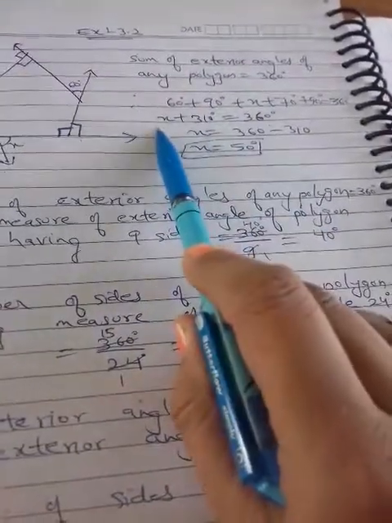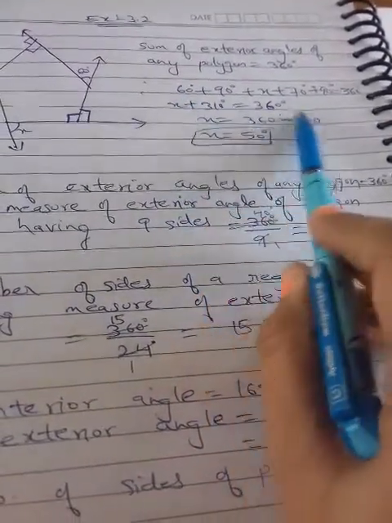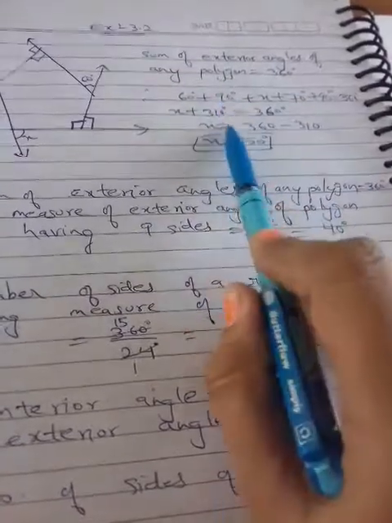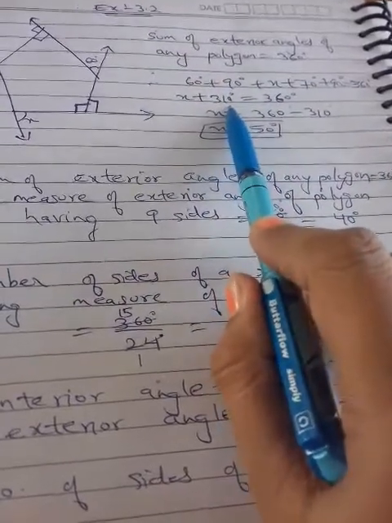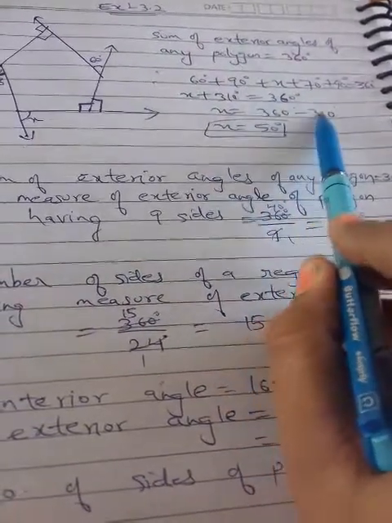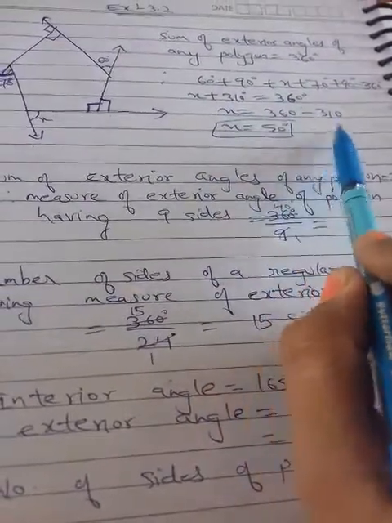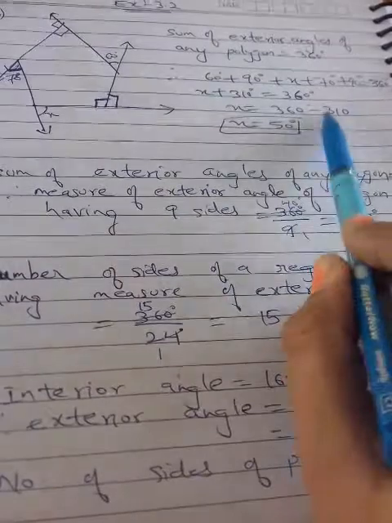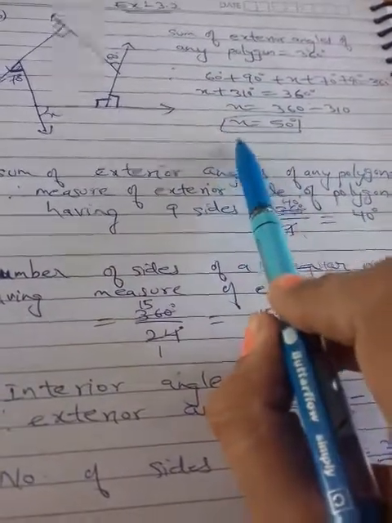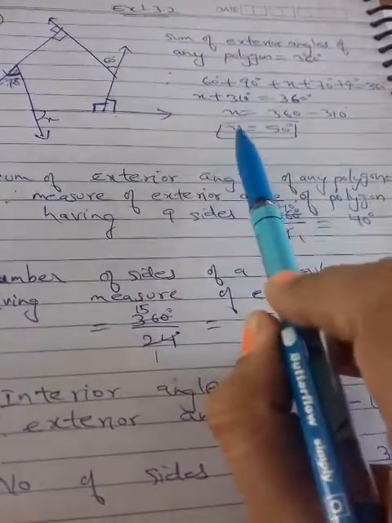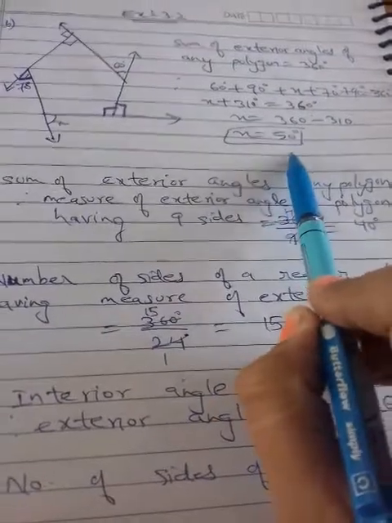So students, adding all of these, we get x plus 310 equals 360. So x is equal to 360 minus 310, taking this on the other side of the equality. After solving, we will get x is equal to 50 degrees.